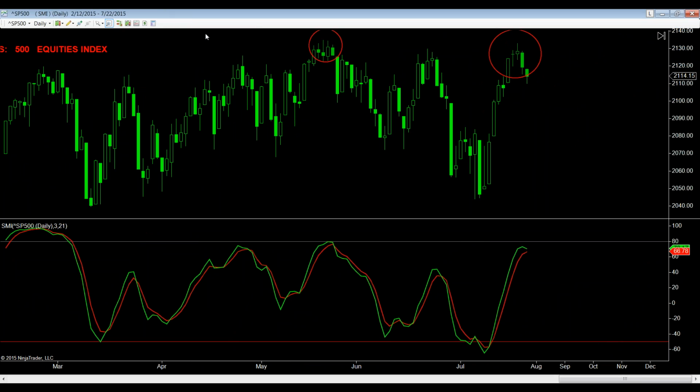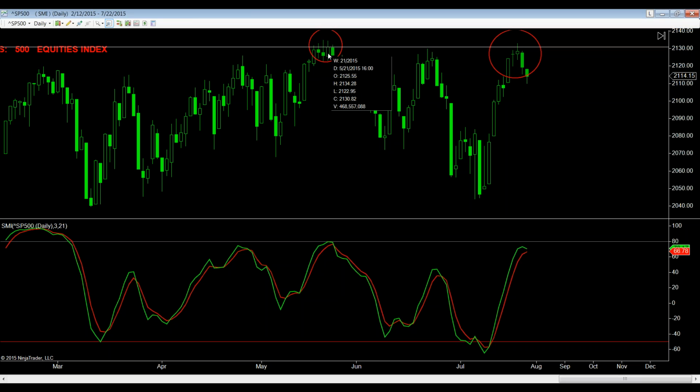Flying in a horizontal trend line here, it's clear to see that the highest open or close at this juncture was hammered out by 5/21/2015, 1600 hours equities market close.